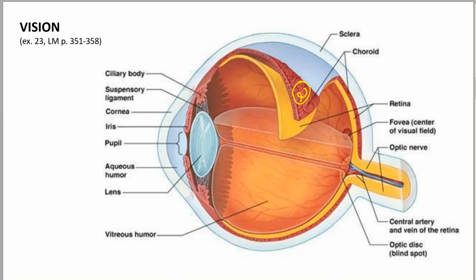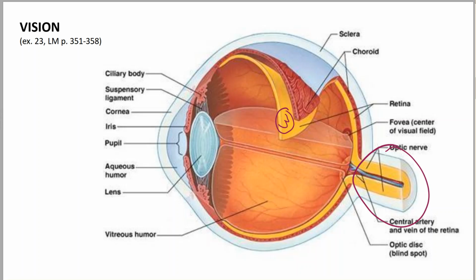So then the third layer here is the nervous tunic. This is the retina and the optic nerve. This is where the photoreceptor cells, the sensory cells of your eye, live.